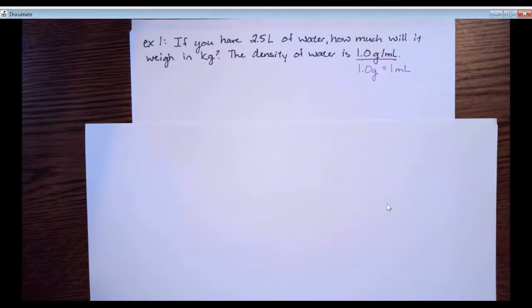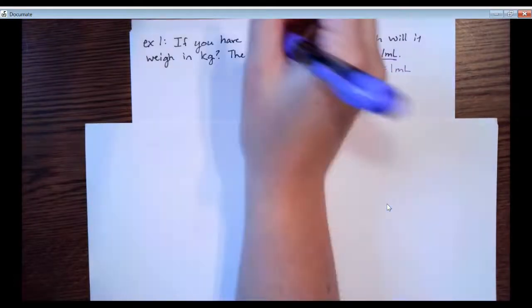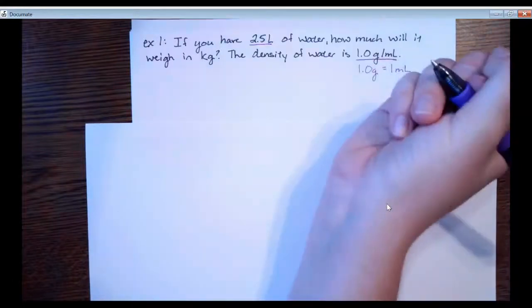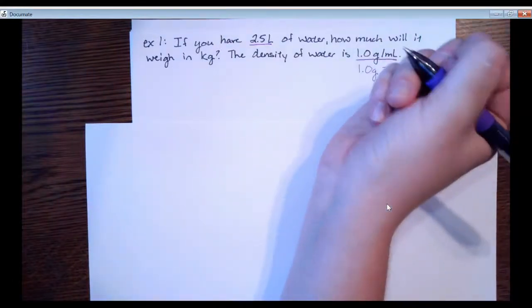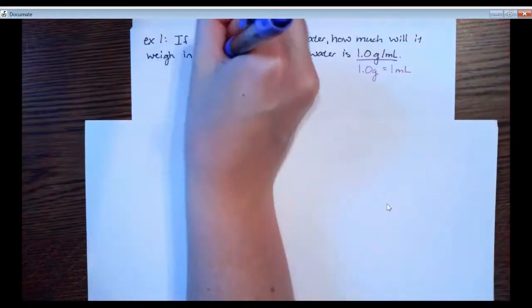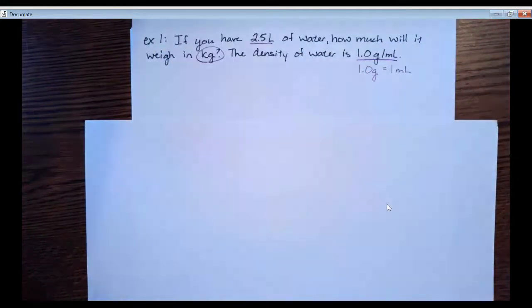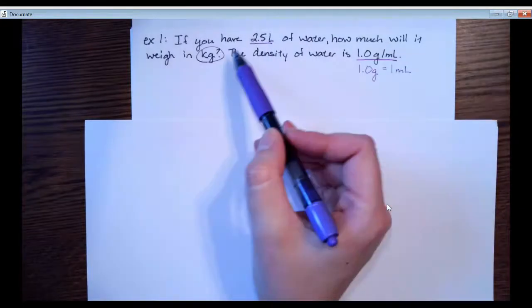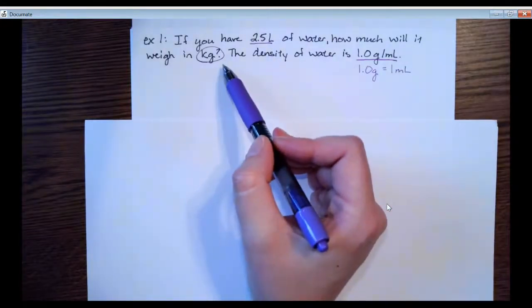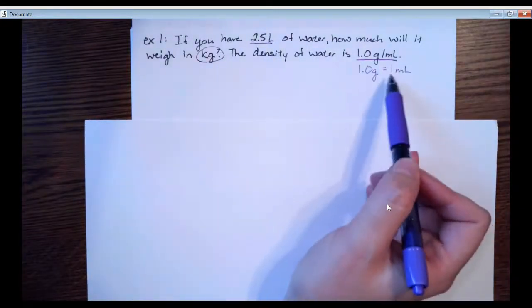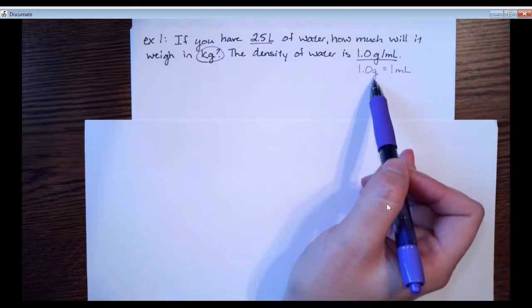So the first thing we need to do is underline our given, which in this case is 2.5 liters of water. Then we want to circle what we're trying to find. So that is the weight in kilograms. So I have liters, and I know I need to get to kilograms. And along the way, I'm going to need to use this. So I'm going to need to have grams and milliliters.